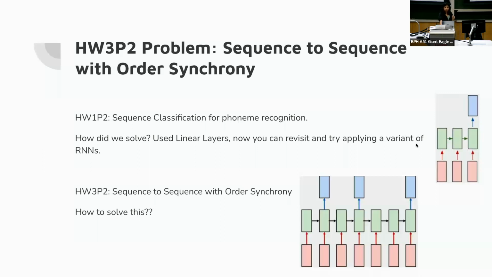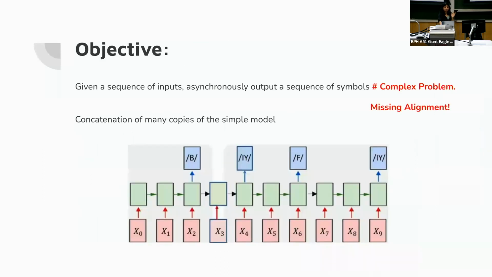Now to solve the problem of this order synchrony, imagine that we combined all those things together. It's like the individual RNNs are combined together. It's just to make you understand that now these outputs, like B, phi, can be at any particular time. You don't know at what particular time you have to predict this particular character.